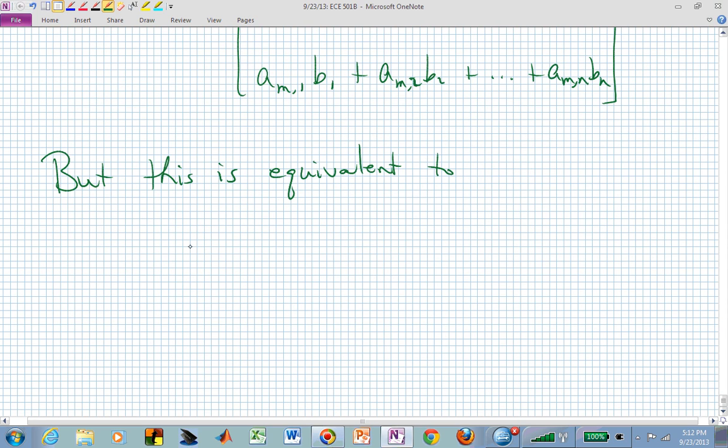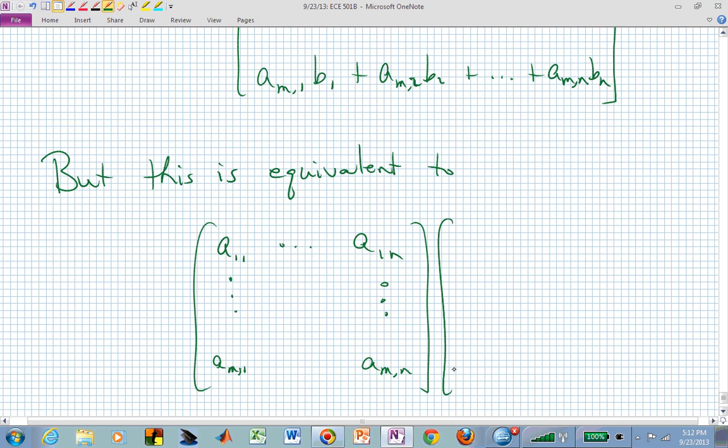that's equivalent now to A11, AM1, A1N down to AMN times B1, B2, B sub n.